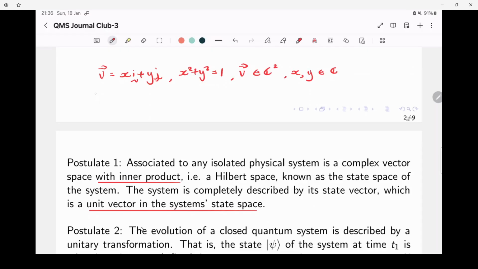So you can essentially factor out a complex phase out of this vector, and it still looks the same, because this is basically a unit vector, and you know that the amplitude of e to the i theta equals 1. So essentially you can factor out a global phase and the vector still looks the same.